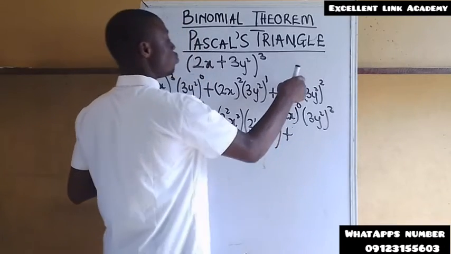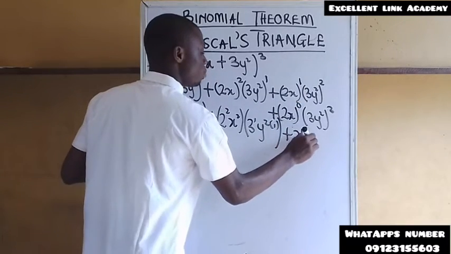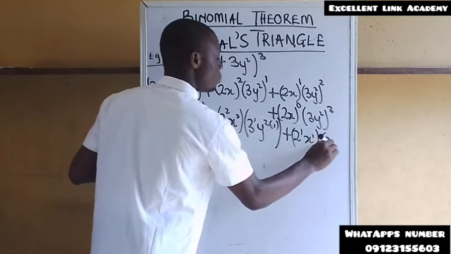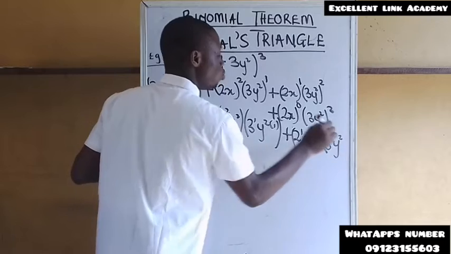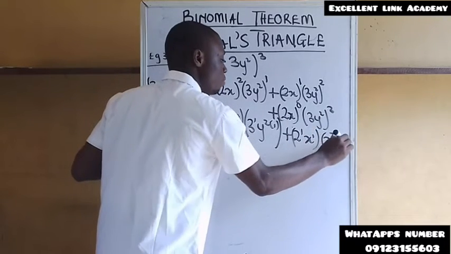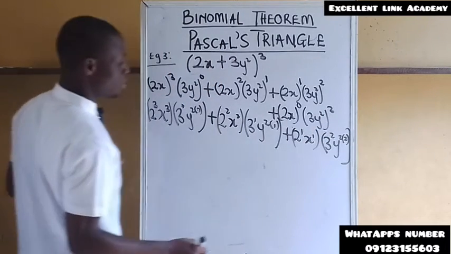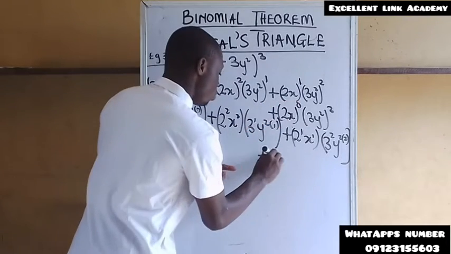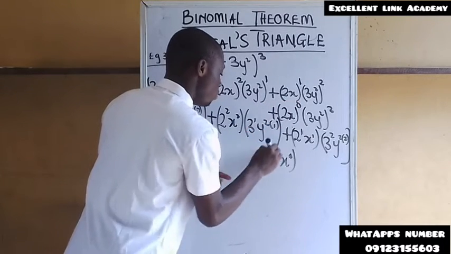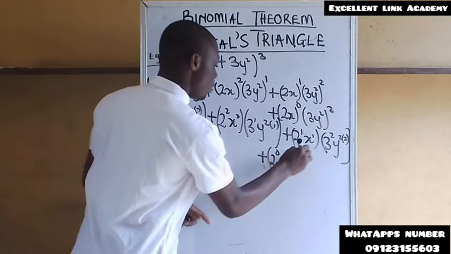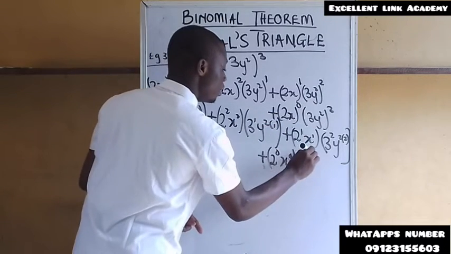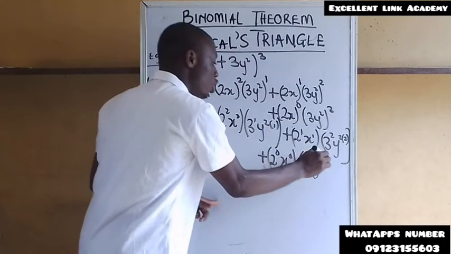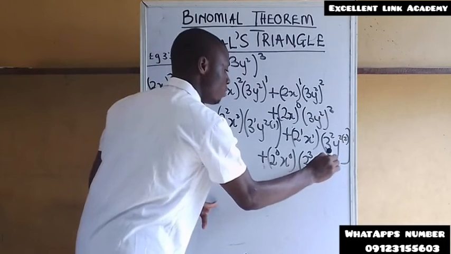Plus, this is 2 to the power of 1, x to the power of 1, into 3 to the power of 2, y to the power of 2 already into 2. And lastly, plus 2 to the power of 0, x to the power of 0, and lastly 3 to the power of 3, y to the power of 2 already into 3.